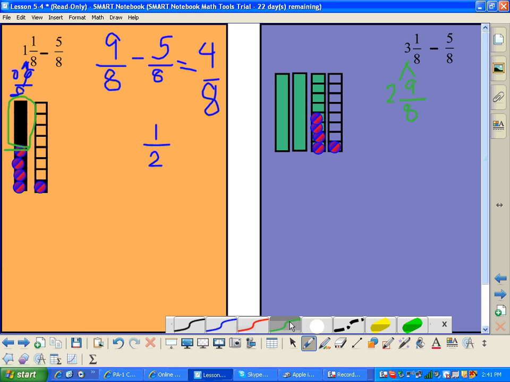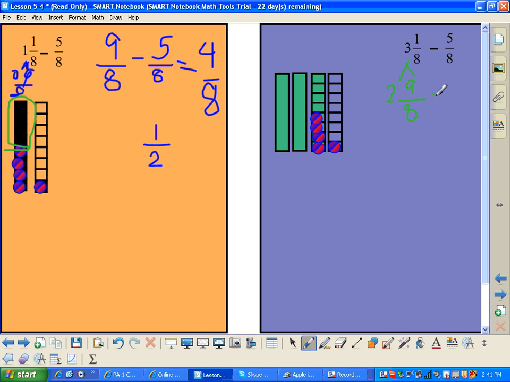And now we just subtract the fractional parts, just like we did in the drawing. And we highlight what is left, 2 and 4/8, or 2 and 1/2.